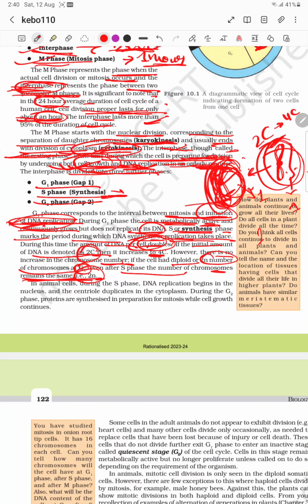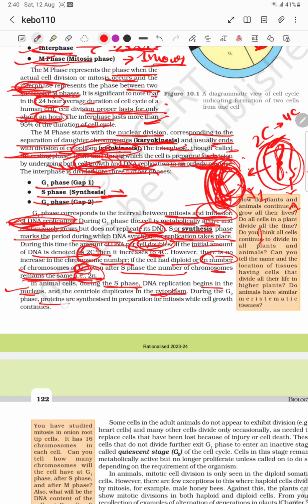Now, in animal cell, during the S phase, DNA replication begins in the nucleus and the centriole duplicates in the cytoplasm. As we know that DNA is present inside the nucleus, so replication also occurs there and centriole duplicates in the cytoplasm.